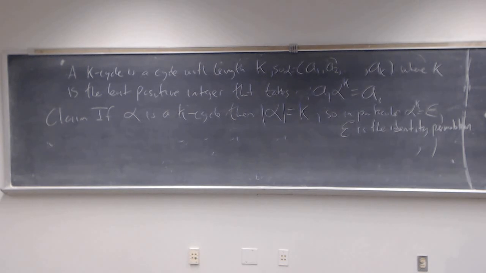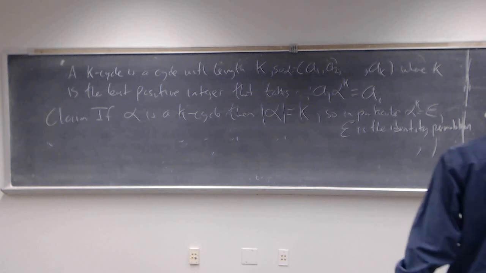So the order of a permutation as an order in the group, if it's a cycle, is just the length of the cycle.